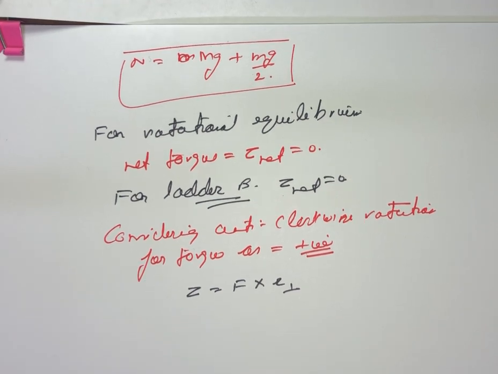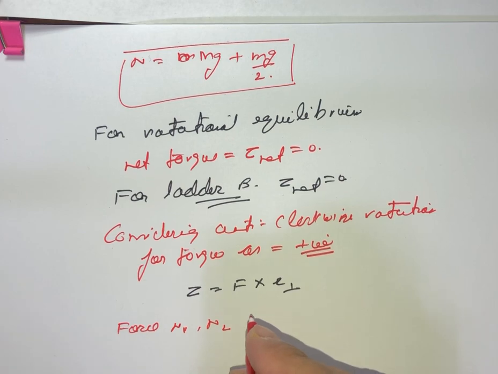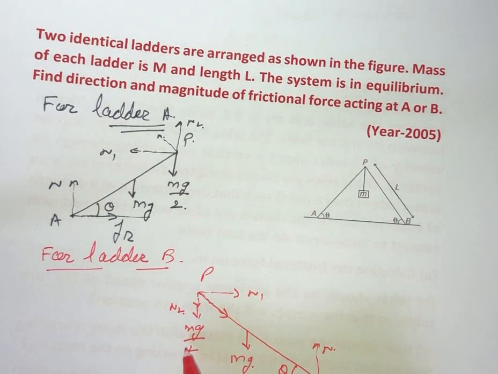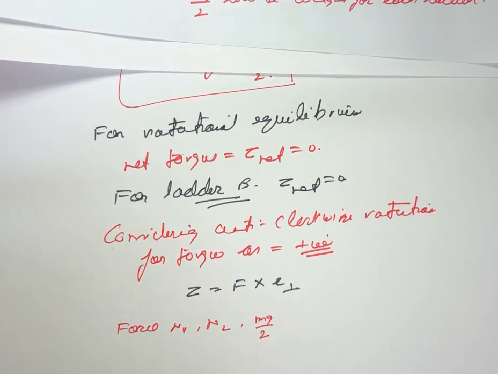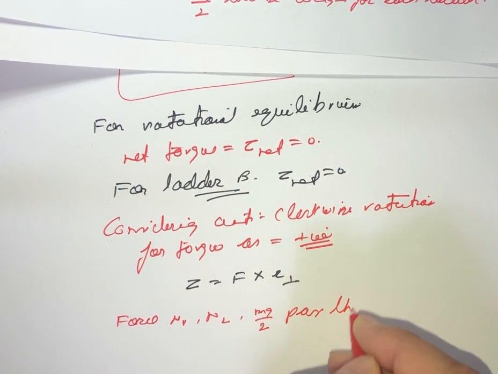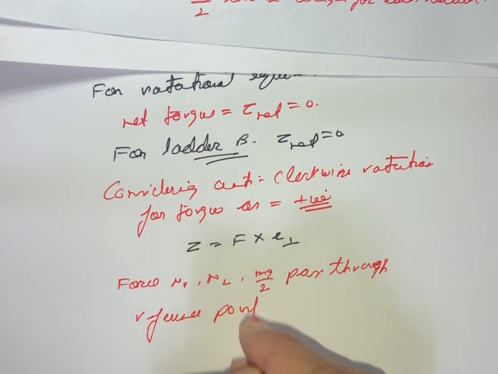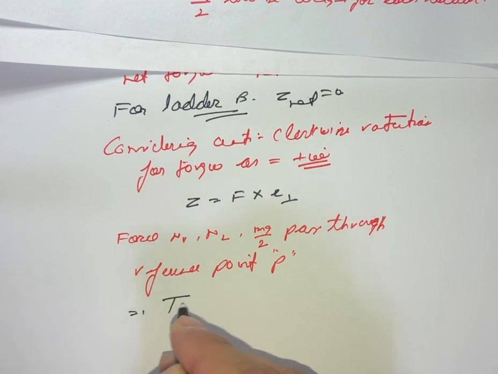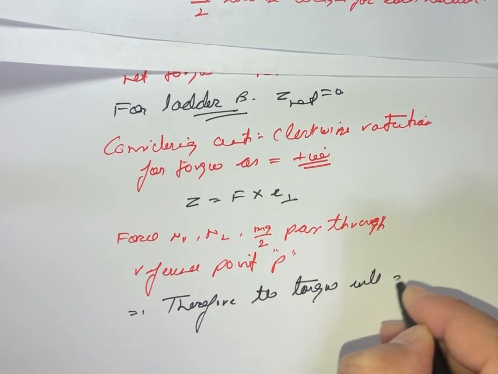So forces N1, N2 and mg/2 pass through reference point P, and therefore their torque about this point will be 0.